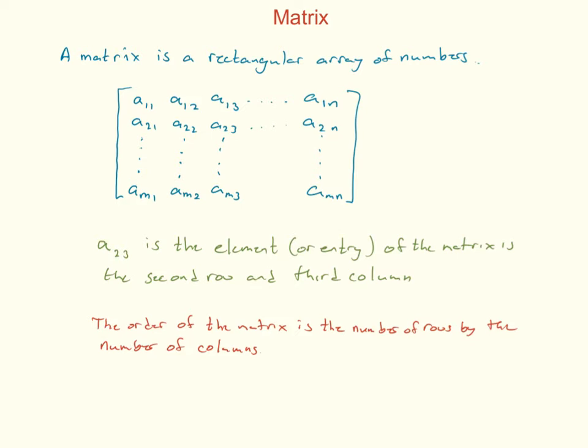So in this particular problem, because I have m rows, the first number tells me rows, and n columns, this particular matrix would be said to be, in general, an m by n matrix. So the order of that matrix is m by n.